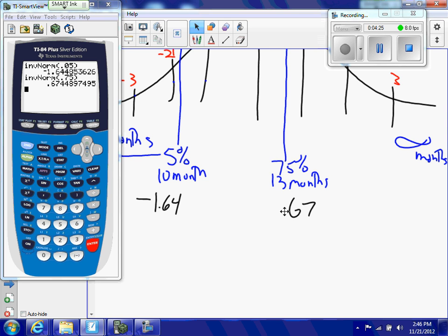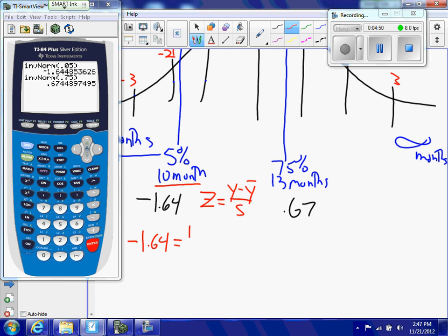So now I'm going to have to do a little bit of algebra. I know that z is equal to y minus y bar over s. So on the 10-month side, I know that negative 1.64 is equal to my y, which is 10, minus y bar, which I don't know yet, over s, which I also don't know yet.